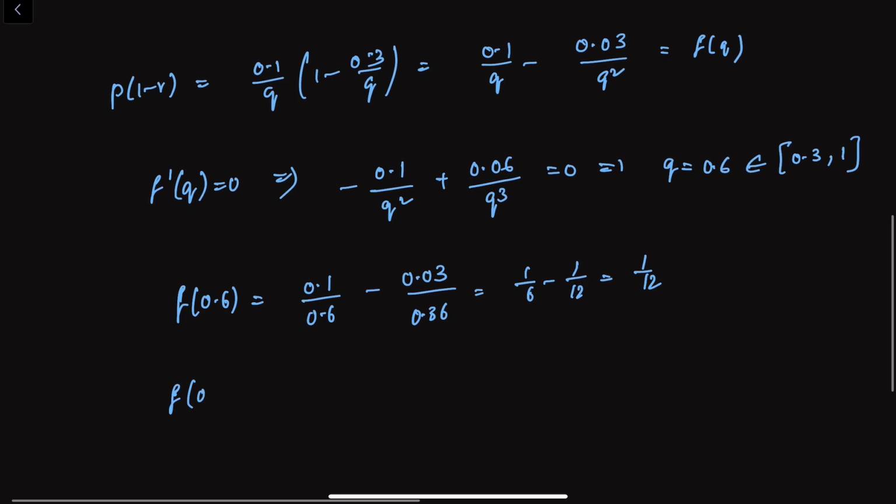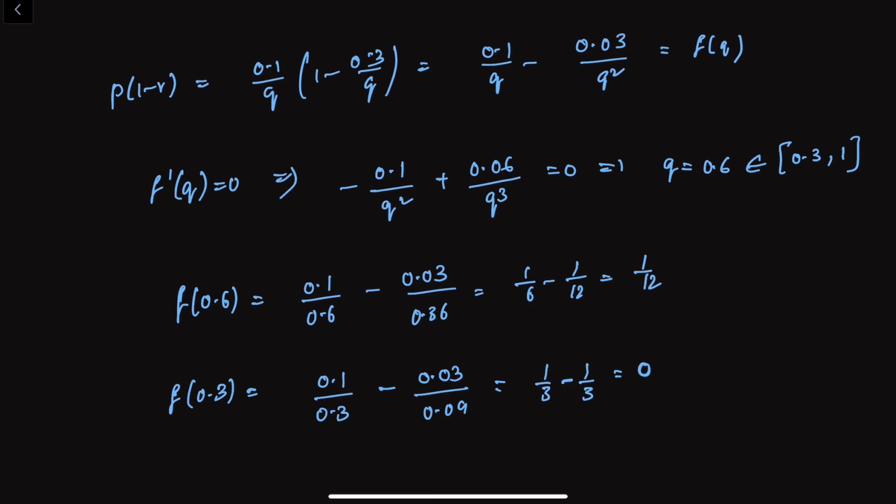In the same way, taking the extreme boundaries, f of 0.3 is 0.1 by 0.3 minus 0.03 by 0.09, which is 1 by 3 minus 1 by 3, which is 0. If we compute f of 1, that is 0.1 minus 0.03, which is 0.07.